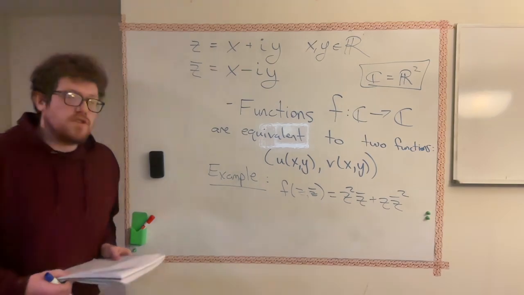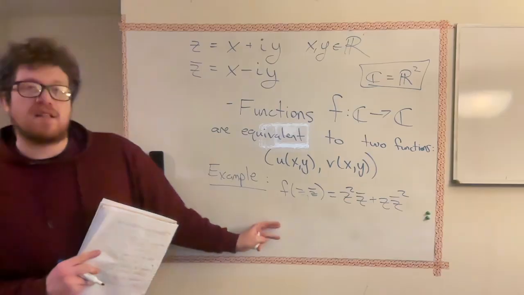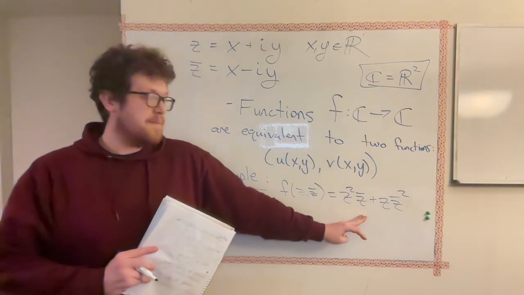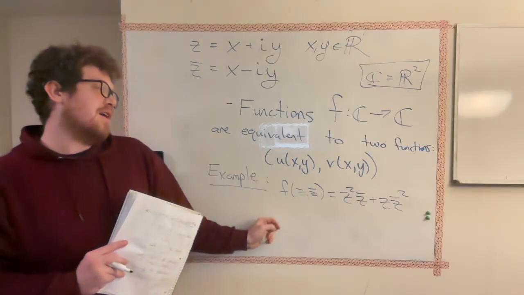Okay, so this is one way of writing the function, but I just want to make it clear that you can write a function this way, but there's an equivalent way of writing it in terms of u and v and x and y.